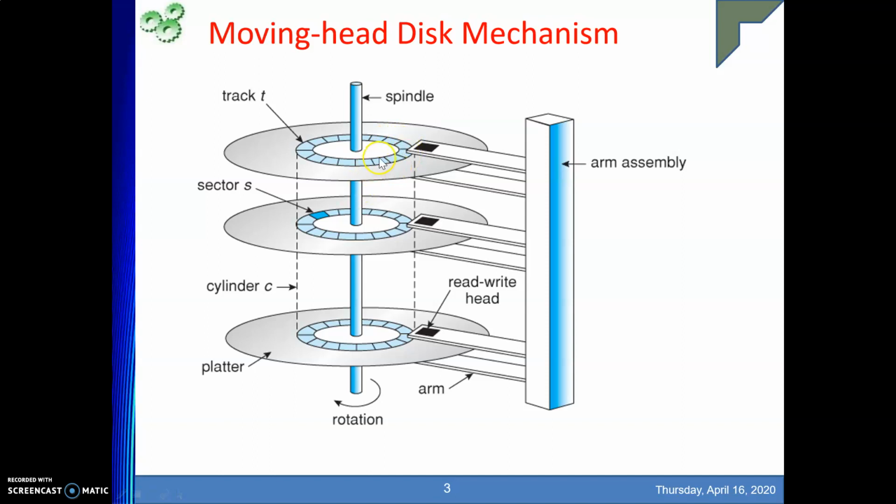But if we need to get the data from this sector, then we need to make one full rotation. So the best case is no movement, the worst case is full movement. Due to that, we generally take rotational latency equal to the time taken for one half revolution, right?